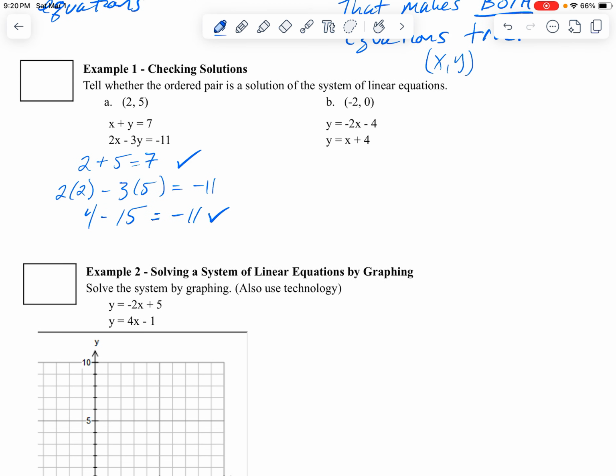So again, we might say something like this if we were putting this in words. So since 2 comma 5 makes both equations true, it is a solution to the system.